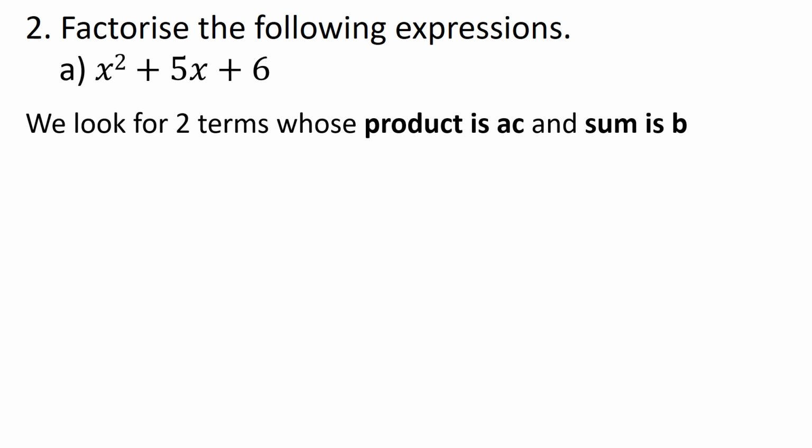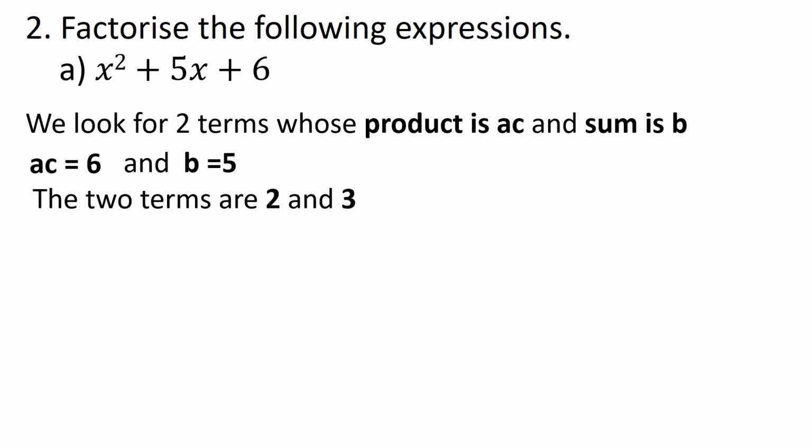So AC is 1 times 6, which is 6, and our B is positive 5. So we are looking for 2 numbers which when multiplied gives us 6, and when added gives us 5. Those numbers are 2 and 3.